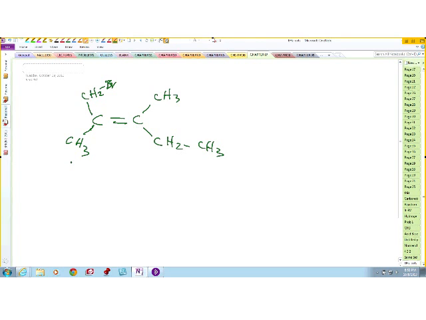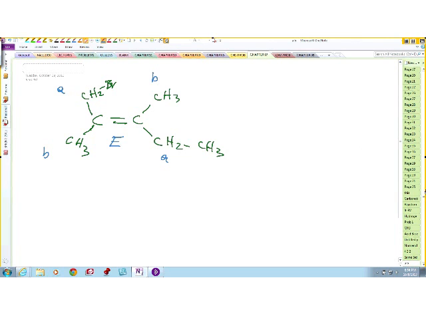First, let us assign priority, right? Let's look at this carbon. Which is priority 1? I mean, priority A? The top one. Very good. So this is A and this is B, and if you look at this here, this is A, and this is B. So therefore, this will be what? E. So I will leave you to give the rest of the name. So this will be your E isomer.